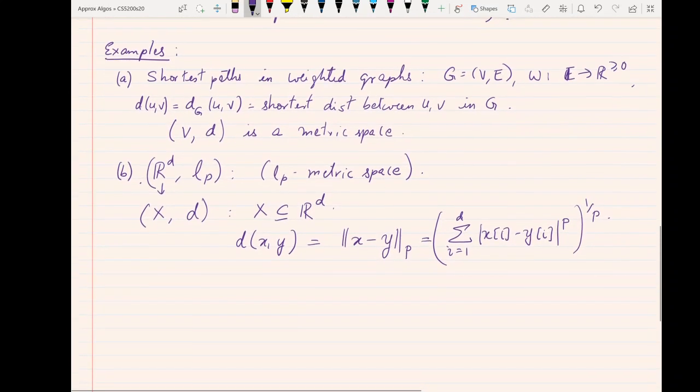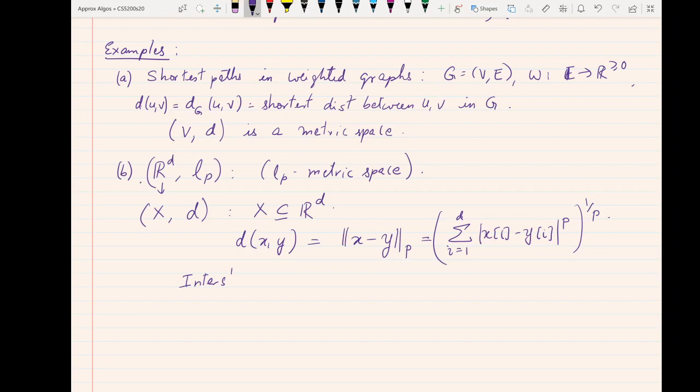So this is also a metric space, and the interesting ones for our purposes will usually be the L1 space or the L2 space. These are most commonly used, especially the L1 space in combinatorial optimization.